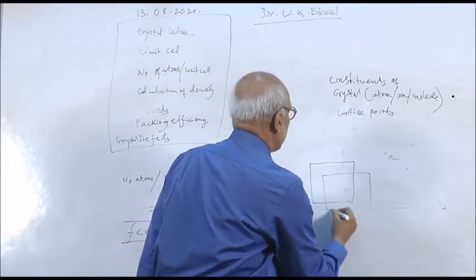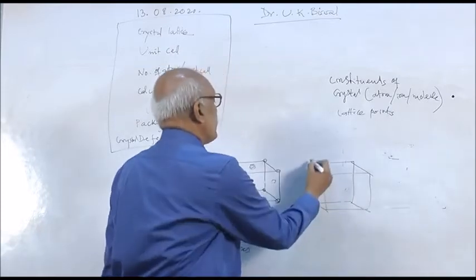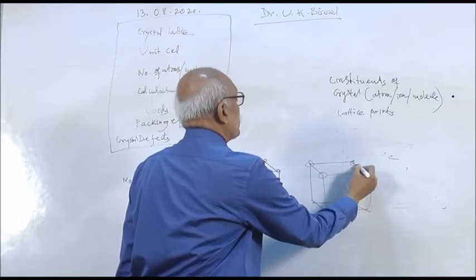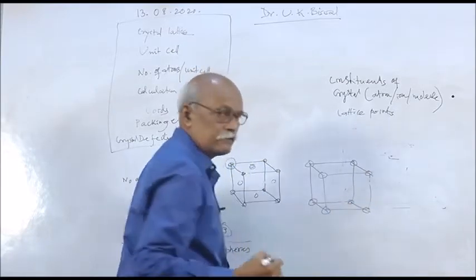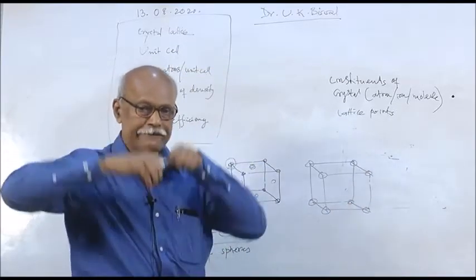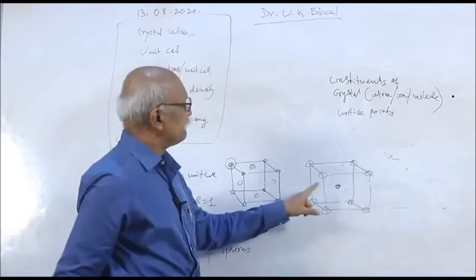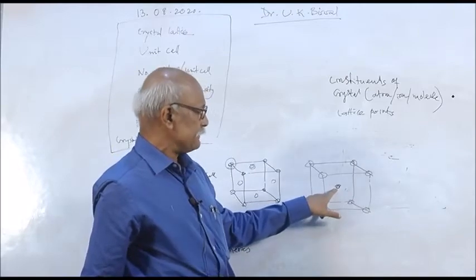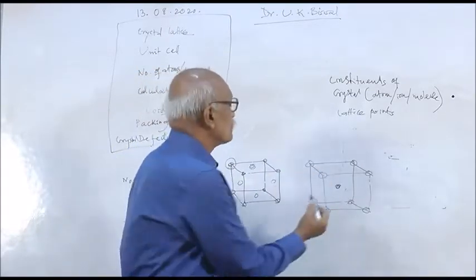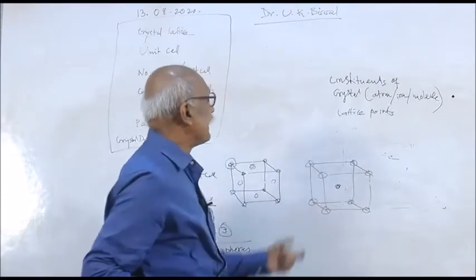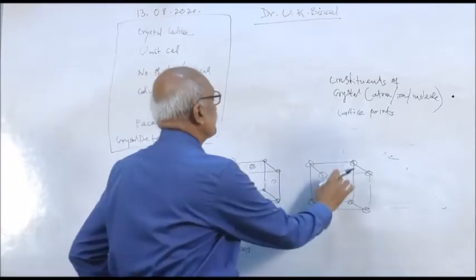Another, consider the body centered cubic, cesium chloride, body centered cubic. Body centered cubic means there will be points at the corners and there will be a point inside the cube. And you see this point or this sphere is not shared by other cubes. It is held by this cube only.